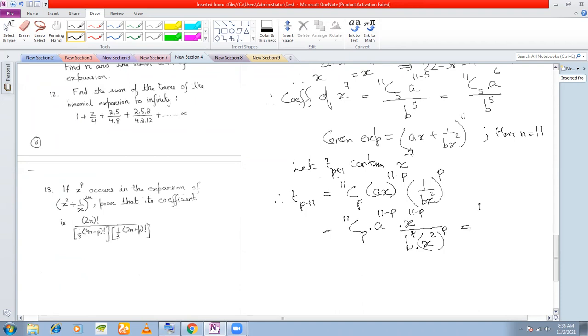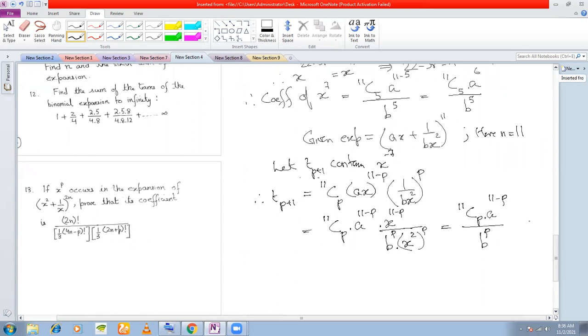So you get 11cp into a to the power of 11 minus p divided by b to the power of p into x to the power of 11 minus p divided by x to the power of 2p, which is equal to 11cp into a to the power of 11 minus p divided by b to the power of p into x to the power of 11 minus 3p.